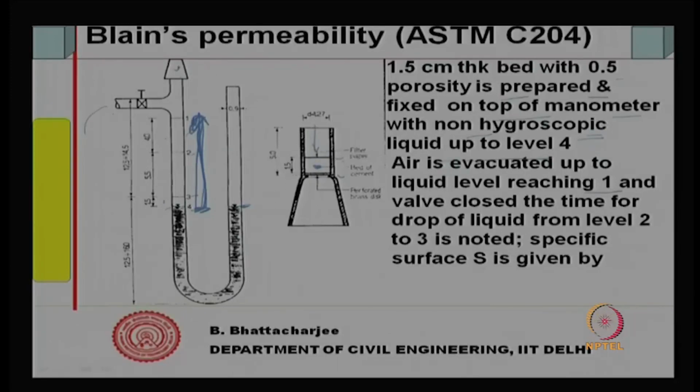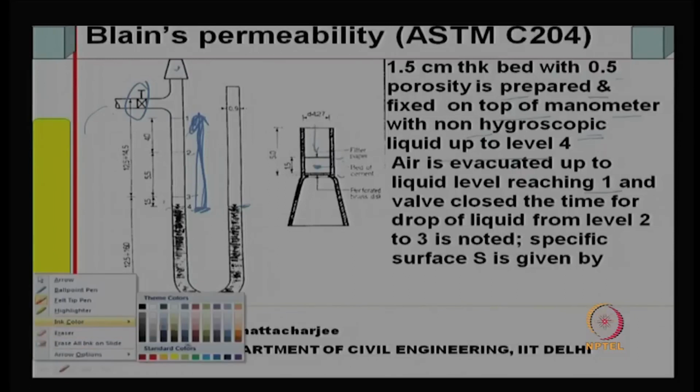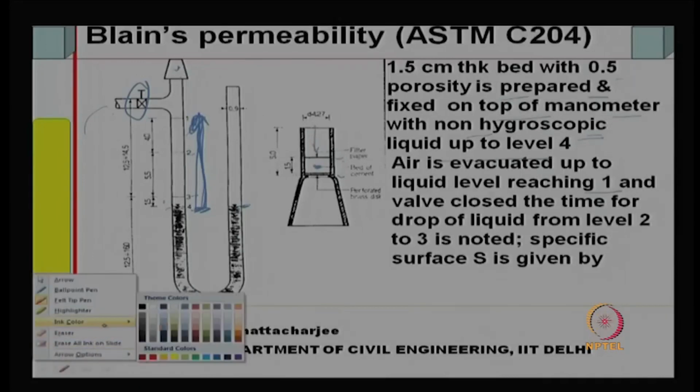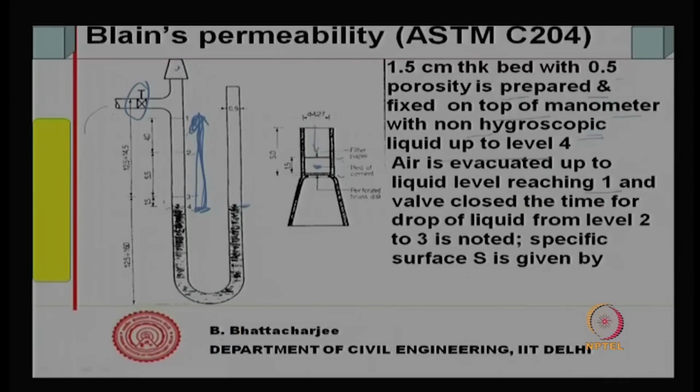So, vacuum is created, then close this valve, right, and note the time of fall of the liquid from 2 to 3.